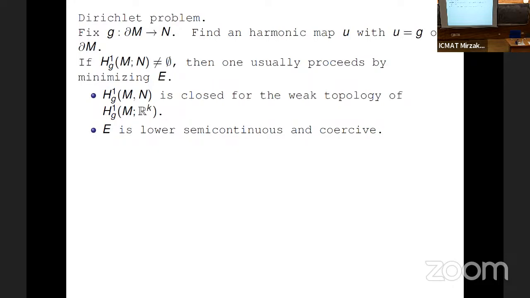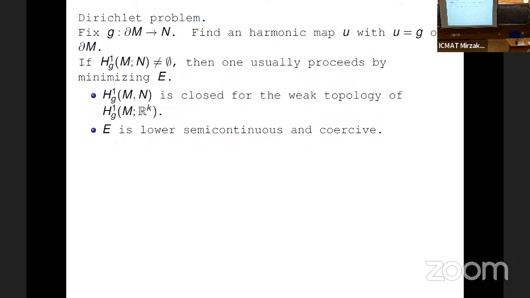So you fix a boundary datum on the boundary of your domain or your manifold, and you want to find a harmonic map with the prescribed boundary condition. Right. So if, and this is a big if, this set is non-empty, where this set means maps with H1 regularity which take the value G on the boundary.